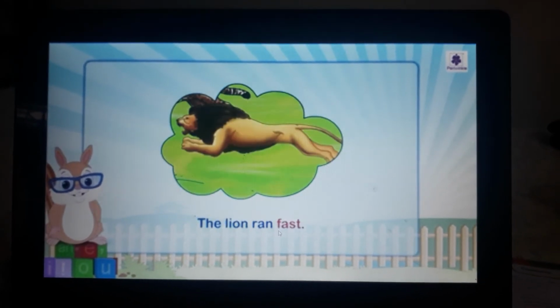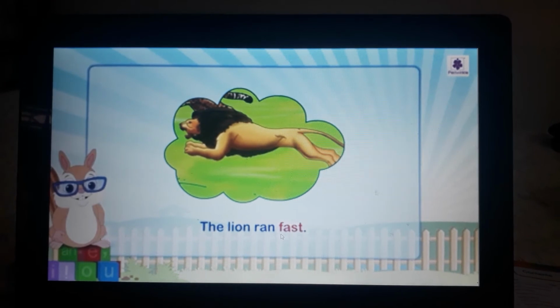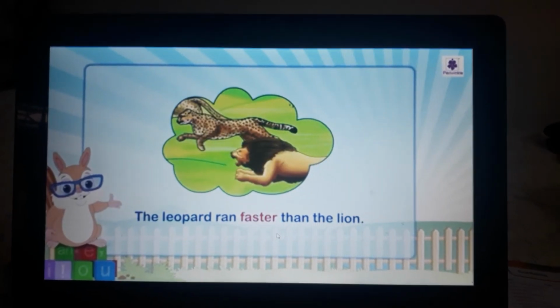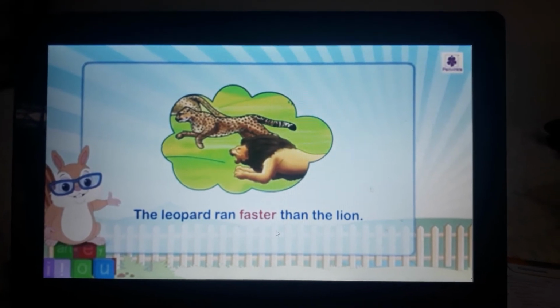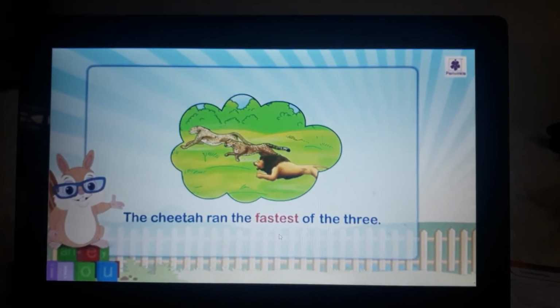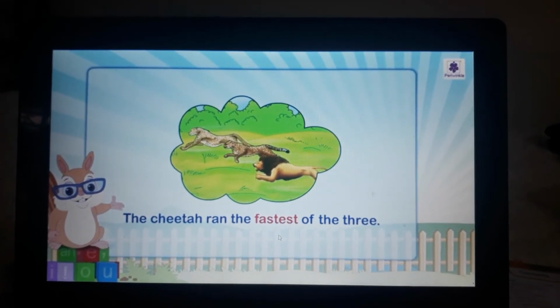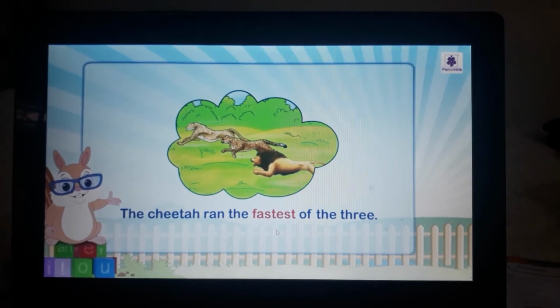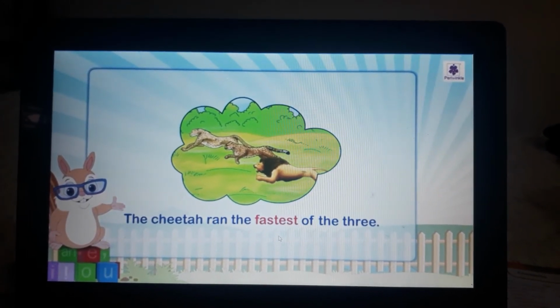Like the lion ran fast. The leopard ran faster than the lion. Then the cheetah ran the fastest of the three.